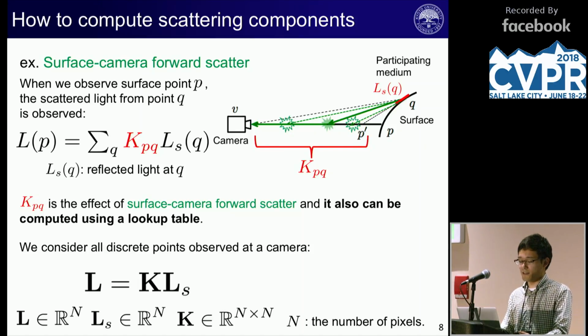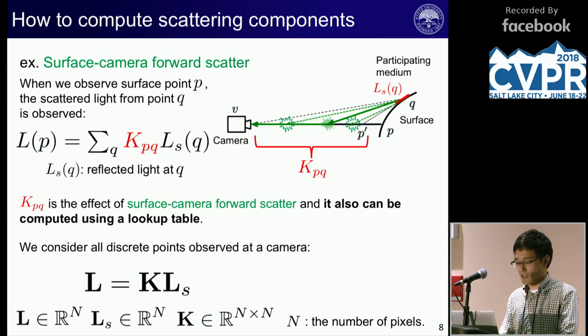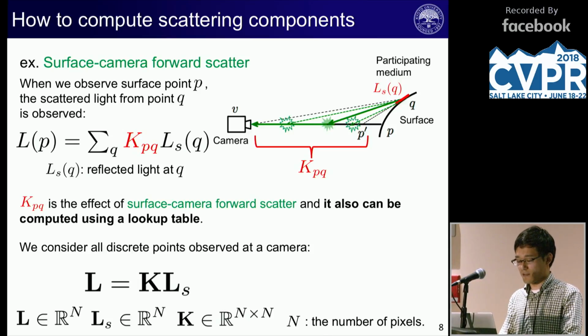And then we consider all discrete points observed at the camera, and we derive this linear system, where L and L_S are n-dimensional vectors, and K is n by n matrix, and n is the number of pixels.